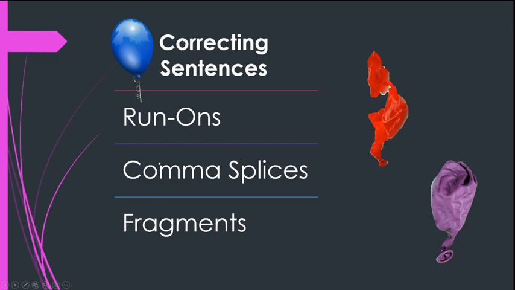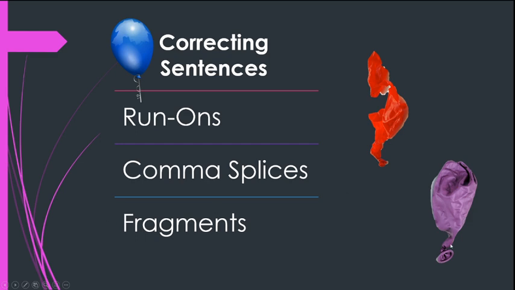So how do you fix these two types of issues? You divide the two complete sentences using a period, a semicolon, or using a comma with a conjunction. Okay, and then you would change the wording a little bit. Then we have fragments, which means that one of the three elements is missing.